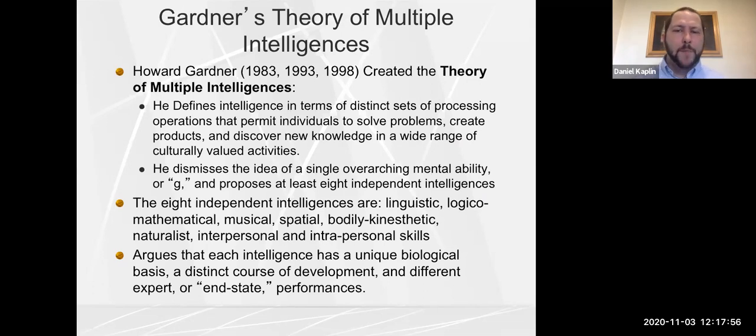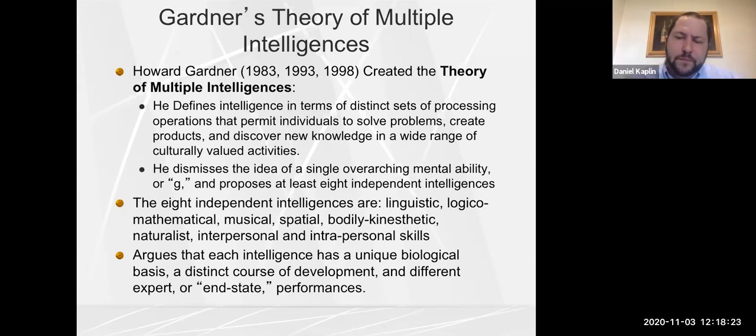Rather, we had multiple separate, distinct intelligences. So he would reject the concept of the G that Spearman talked about. He would reject the idea of Cattell and Thurstone. He would reject Sternberg's theory and just say, well, each of these are distinct.